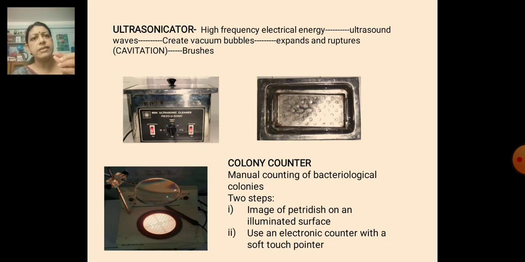These vacuum bubbles are very small, minute particles, and due to the ultrasonic waves they expand and burst, and this is called the cavitation process. There is numerous formation of these bubbles, and they burst continuously. They expand and burst, and they act like brushes. So when they come in contact with the area where the surface has been deposited with material, continuous cavitation leads to the cleaning process.